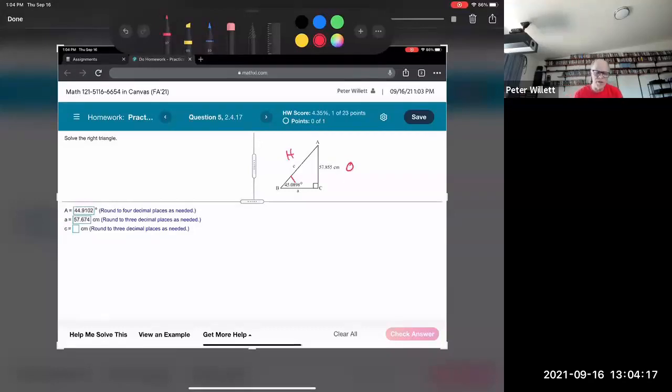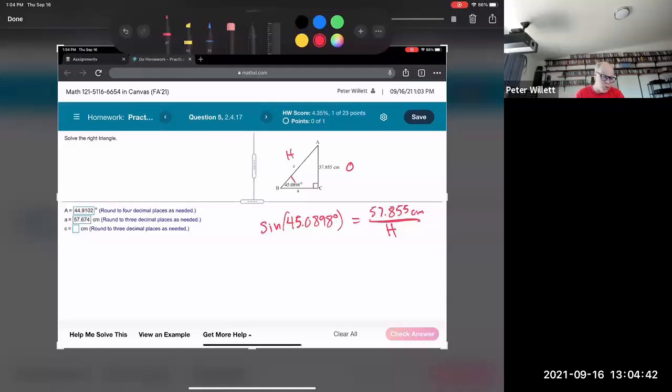And so the sine is opposite over hypotenuse. So that would tell me that sine of 45.0898 degrees is equal to 57.855 centimeters divided by the hypotenuse. And then I could solve that for the hypotenuse.